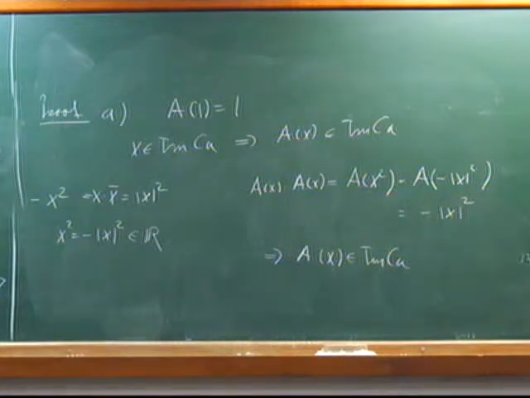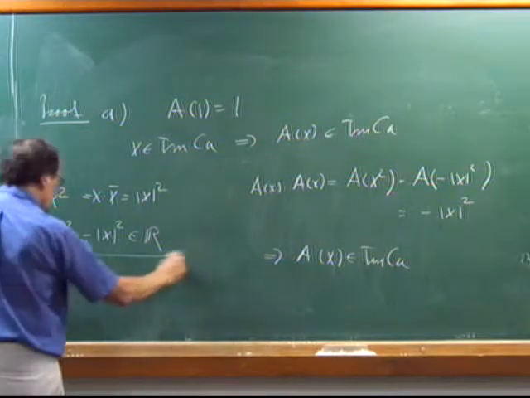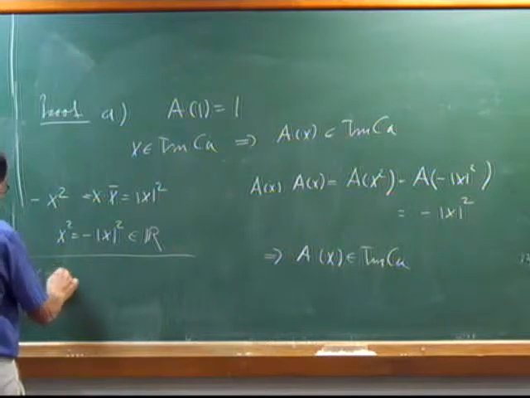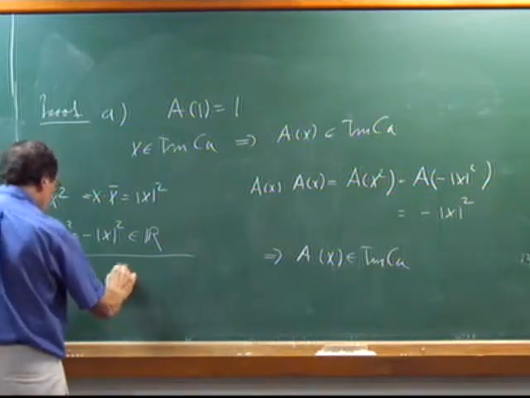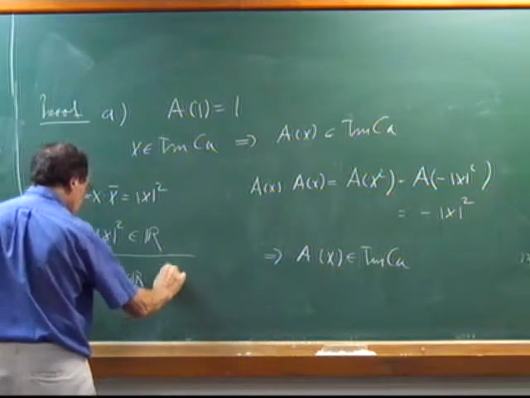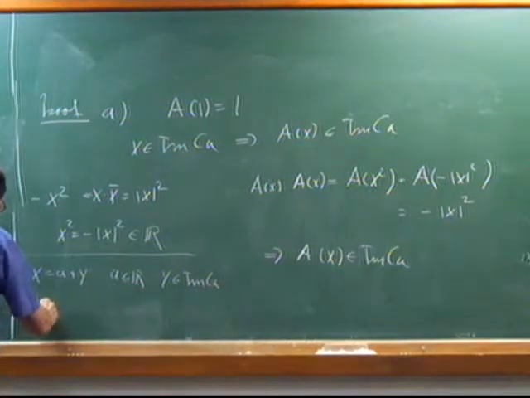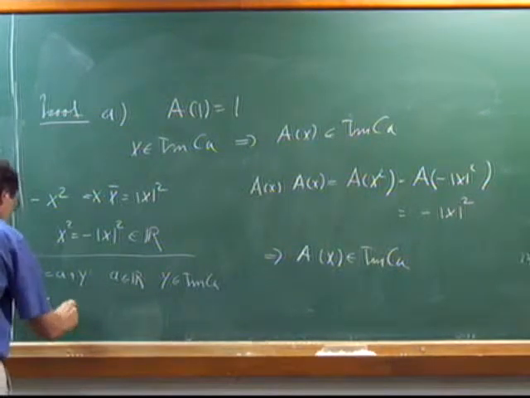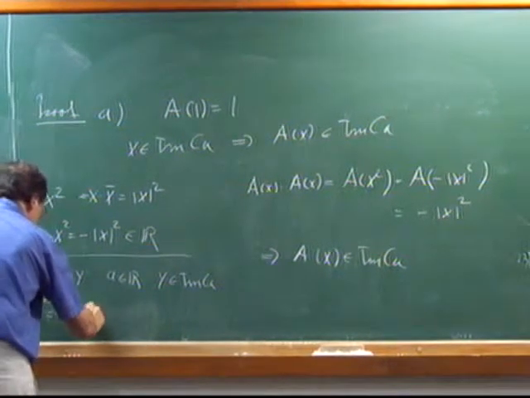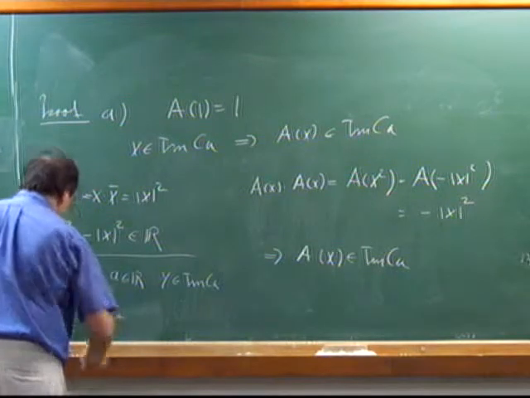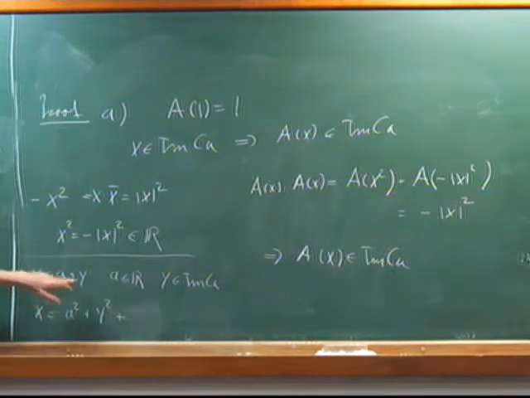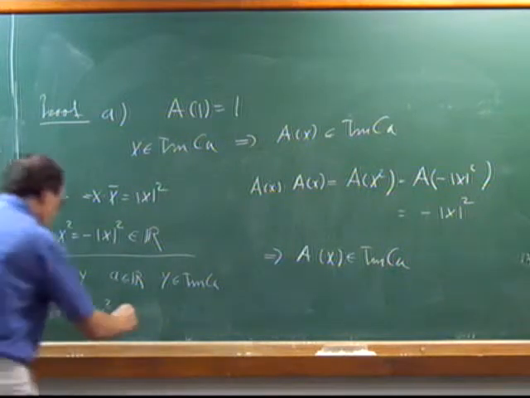So let's have a side discussion why that's the case. Let's write a Cayley number as a plus y, where a is real and y is imaginary. So when I square it, that's a squared plus y squared plus, since a is real, I don't have to worry about it commuting, plus 2ay.